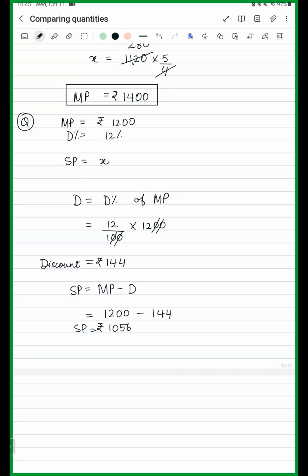You know, the discount is 7.5. We can find it: 7.5 is the exact half of 15, so we can say it is 15 by 2 percent, not 15%.